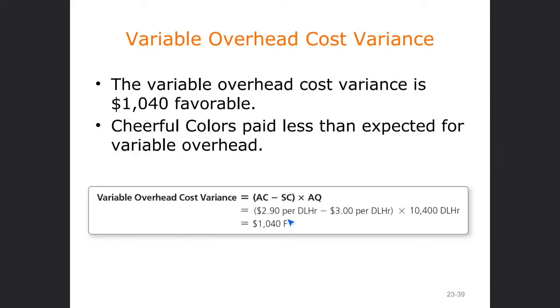So the $2.90 per direct labor hour minus $3 per direct labor hour times 10,400 direct labor hours gives us 1,040, and that is favorable because they paid less than they expected for their variable overhead.